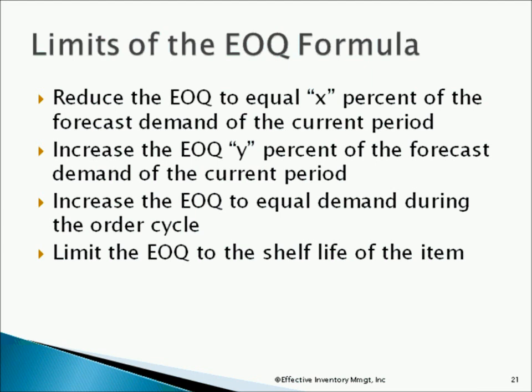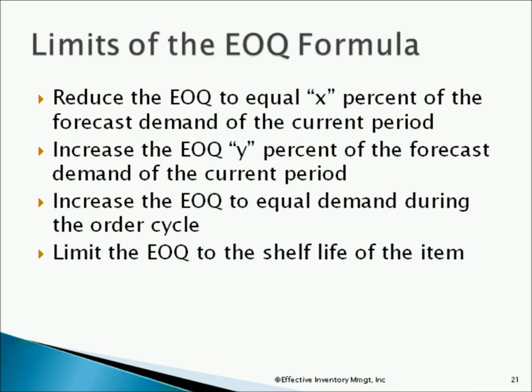Finally, we want to limit the EOQ to the shelf life of the item. If a product only has a 1-month practical shelf life, I never want to order more than a 30-day supply of that product. What do I mean by a practical shelf life? Well, this isn't the absolute shelf life. This is a practical shelf life. We normally set the practical shelf life equal to half the actual shelf life of the product. Why?